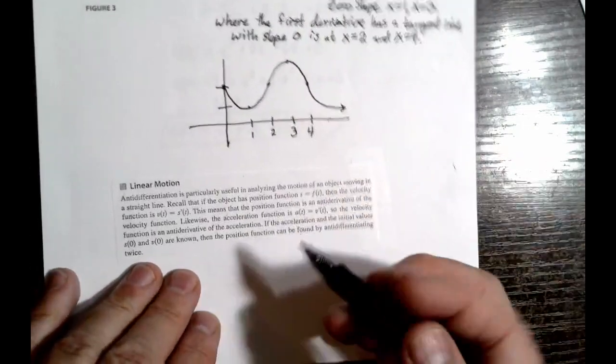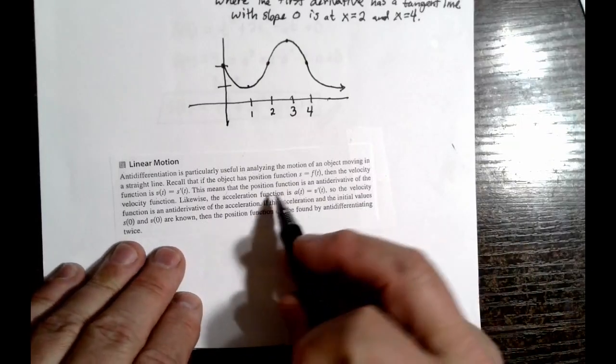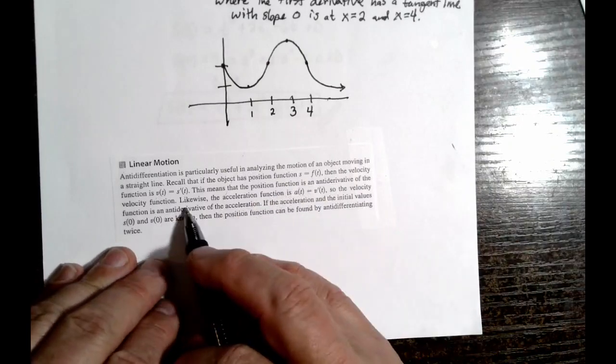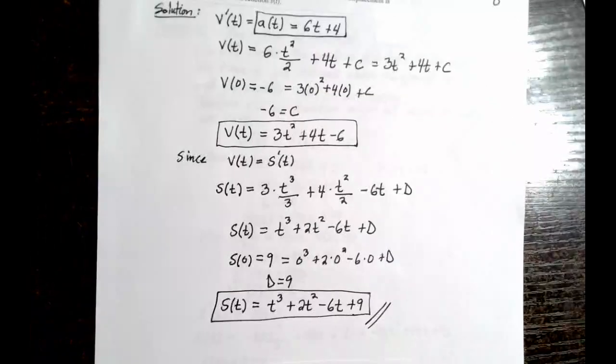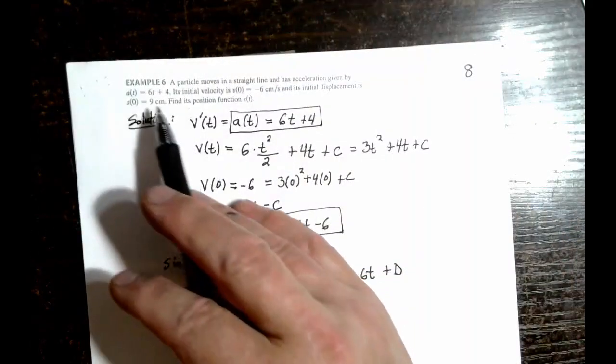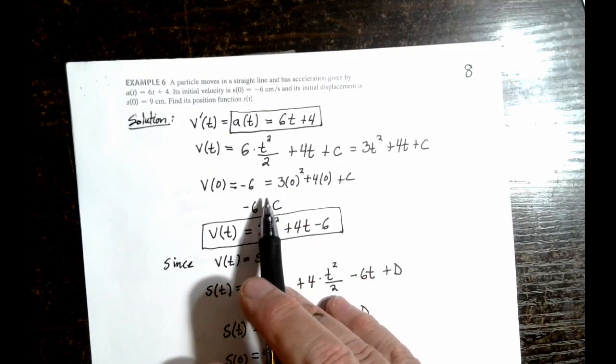Now, the most common derivative functions that you should know about are position, then velocity, and then acceleration. These are all derivatives of each other. So if they give you the acceleration function, you can take the antiderivative and find the velocity.